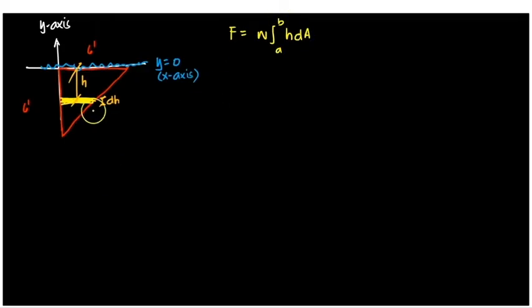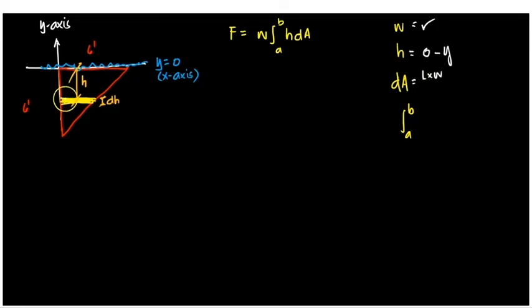So for w, we don't have a problem. For rw, we don't have a problem so far. We know that it's given as constant from the first example. The h is from 0 up to any y value. Again, no problem. 0 minus any y value that the yellow element reaches. The dA, you know that it is always length times width.